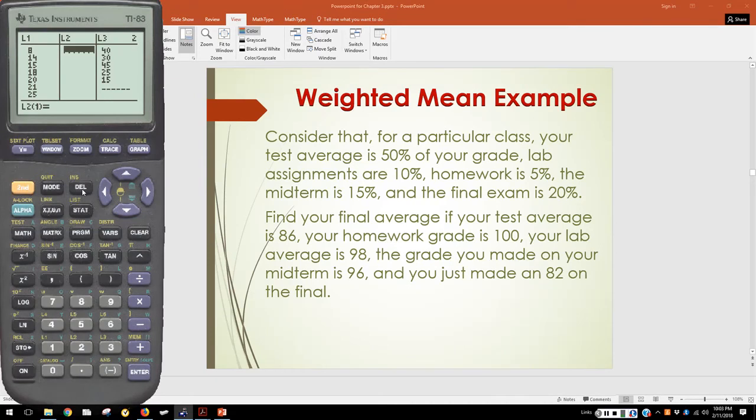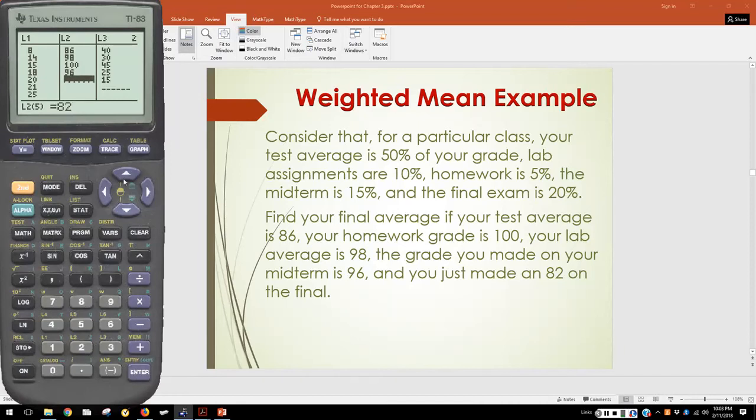And I'm going to begin with your test average, which was 86. And then the lab assignments are 10%, so I'm going to enter in your 98 points for your lab average. Your homework average is 100, which is going to count 5%. And your midterm was a 96, and your final was an 82.